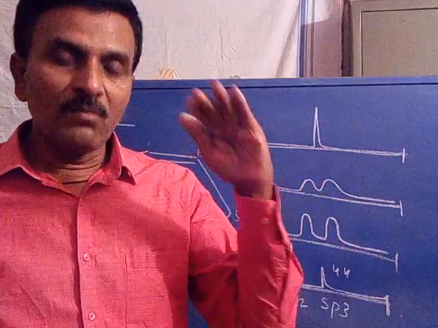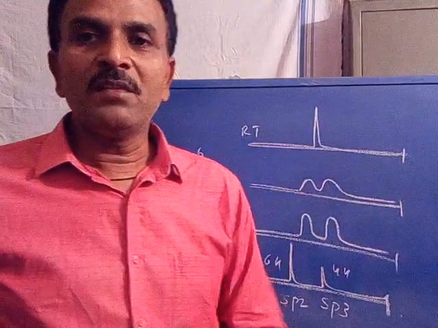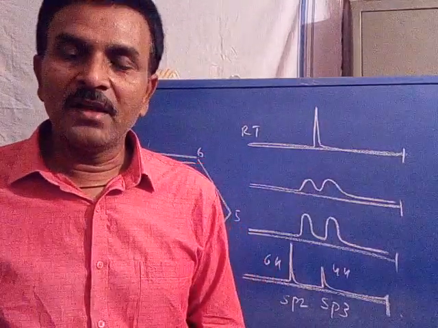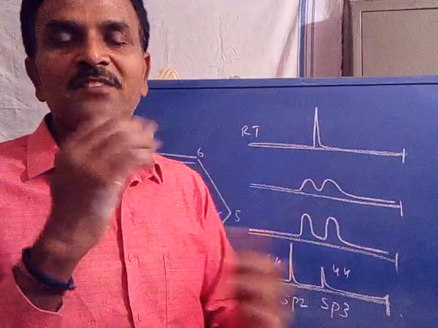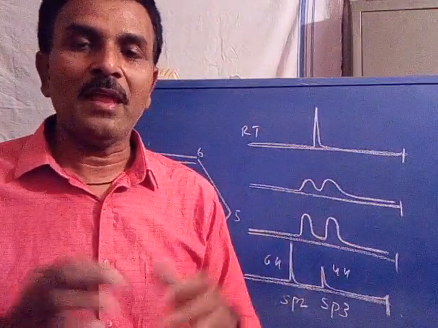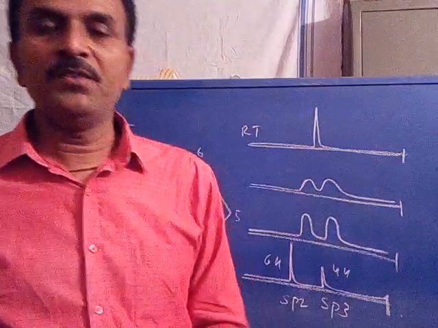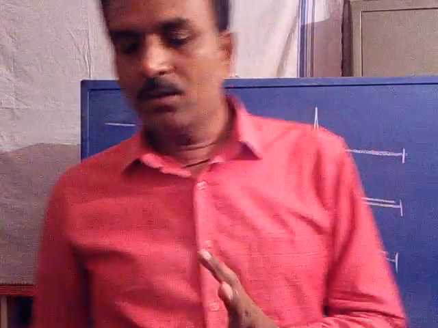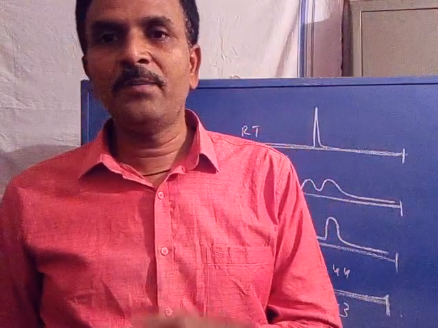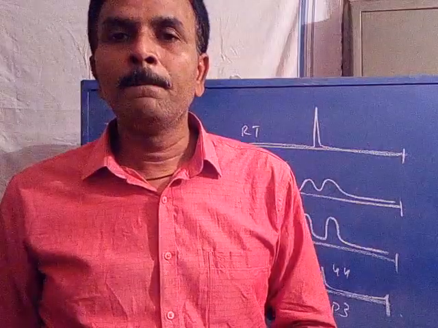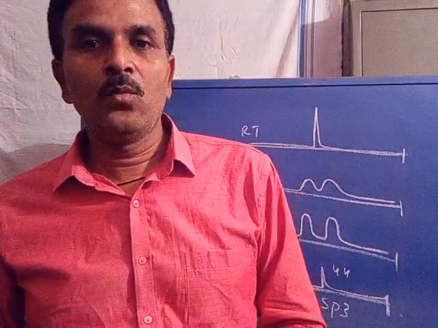One signal at room temperature and two separate signals at lower temperature is possible only if there is exchange. There are two types of carbons in the molecule, sp3 and sp2, with protons attached to each, but at room temperature only one signal appears. How?